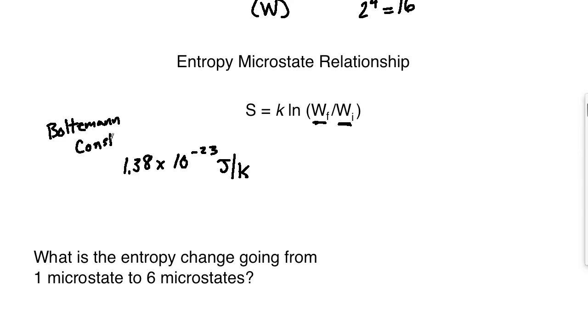And as we know from high school math and from Chem 111, a constant does not change. It's going to stay at that number, just like Avogadro's number or any others that we've come across in Chem 111. Now, ln is just the natural logarithm, and W is microstates. So Wf is the final, Wi is the initial.